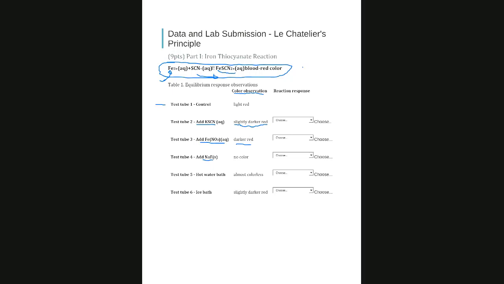But if you read the procedure somewhere, we know that the iron +3 reacts with fluoride.